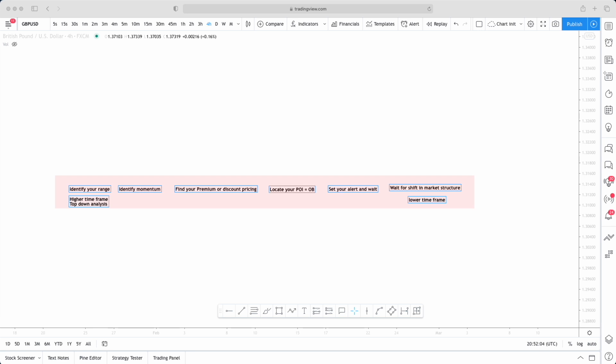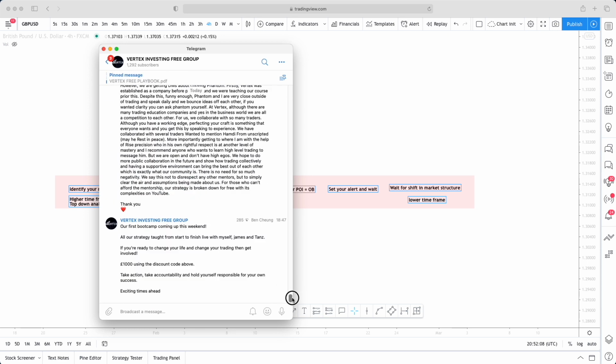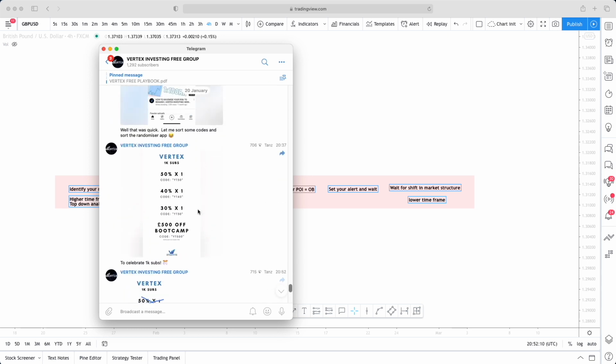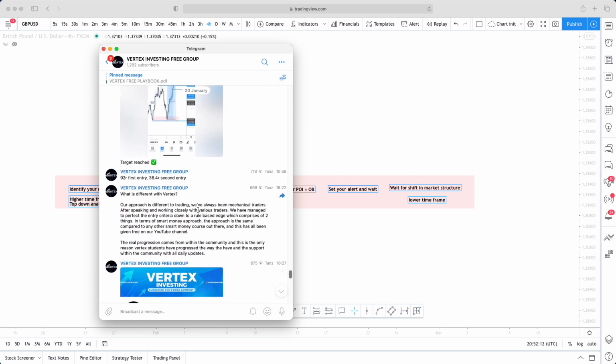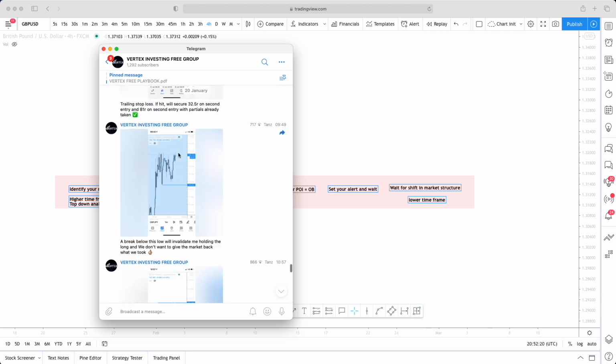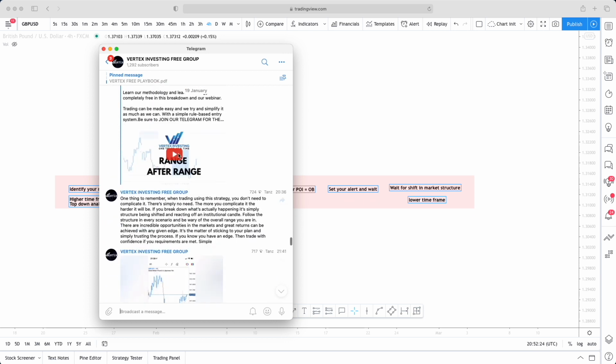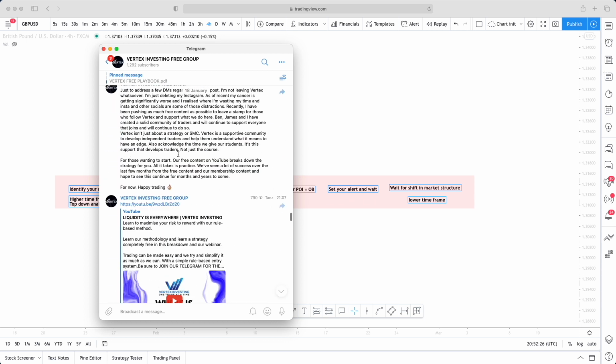In fact, like the GJ trade that I took, it was about a 126 R move, I can't remember to be fair. By the way, I took partials, so it was about an 80 R return in the end, which is solid. But before that, I'm sure I posted it here in the free group.